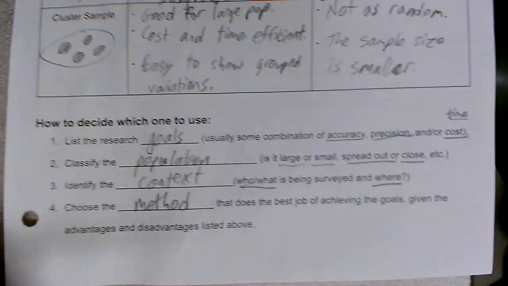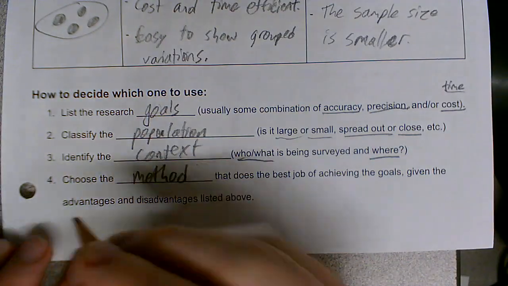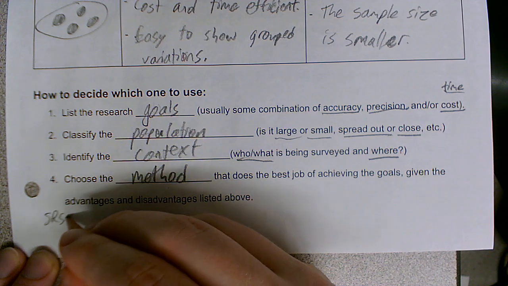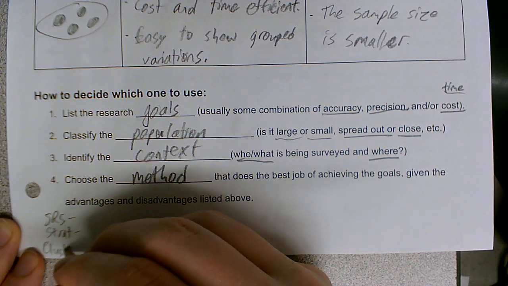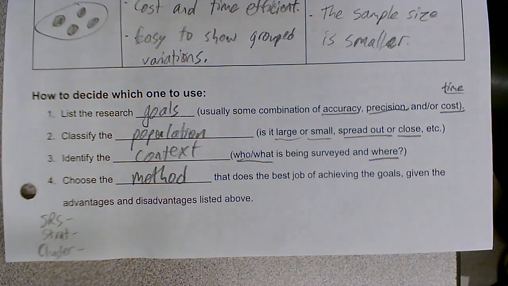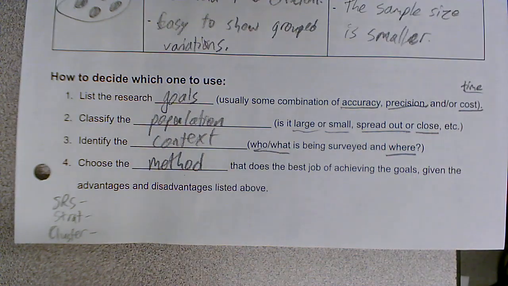Now, the way that I do this is I list the ways that an SRS, stratified, and cluster sample could be taken, and then I choose which one was the best. So I'm going to leave that off for now, and I'm going to do another video later in the day today where I go through the back.